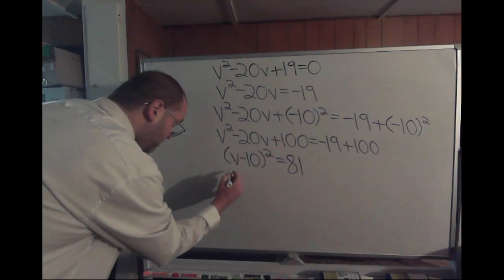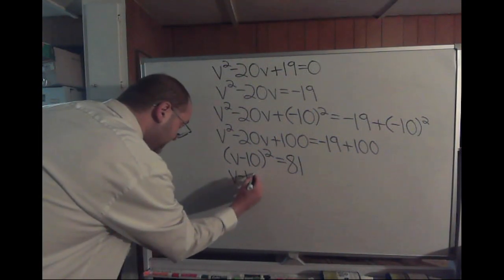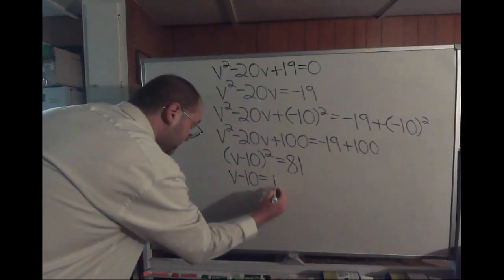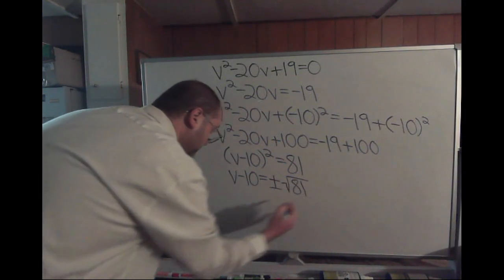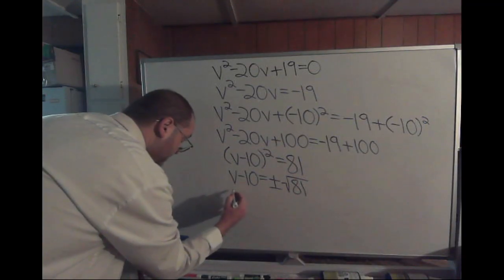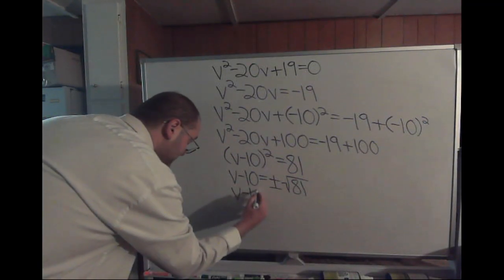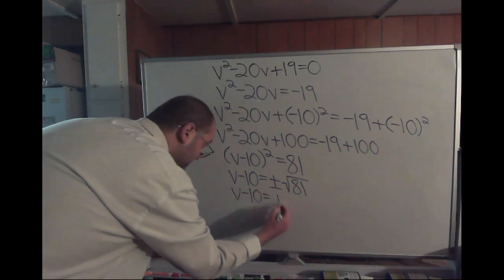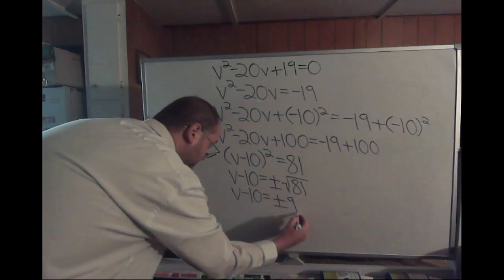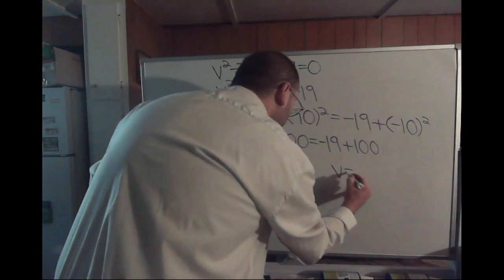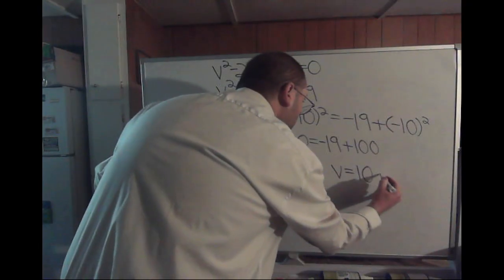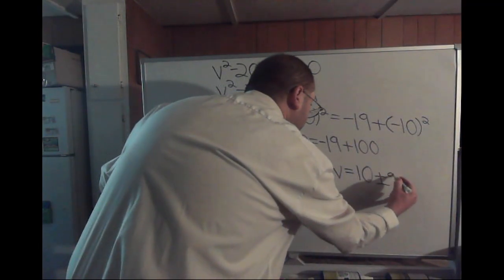Which means now v minus 10 equals plus and minus the square root of 81, which means v minus 10 equals plus and minus 9, which means v is going to equal 10 plus and minus 9.